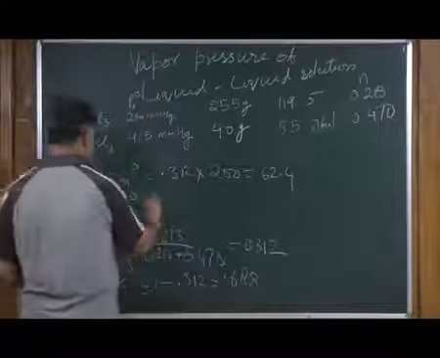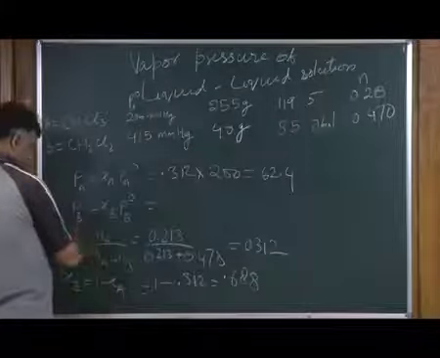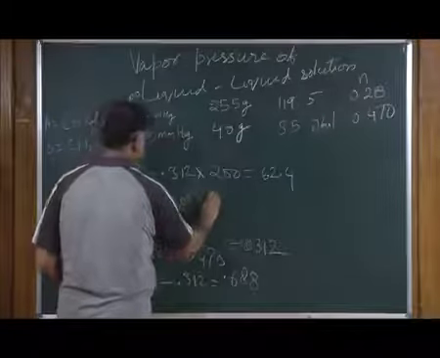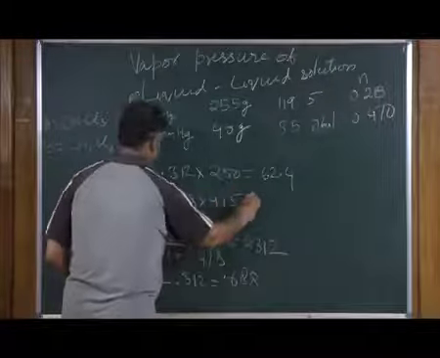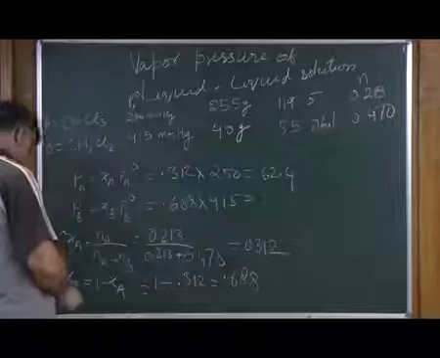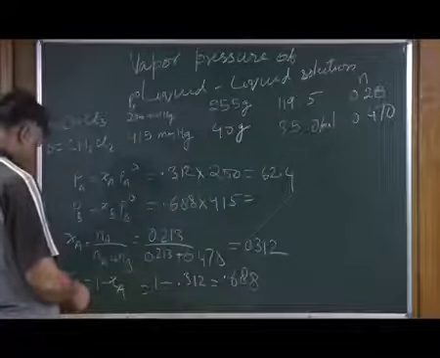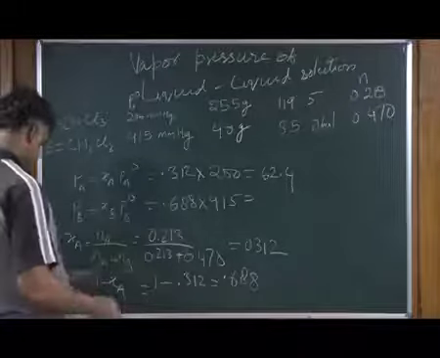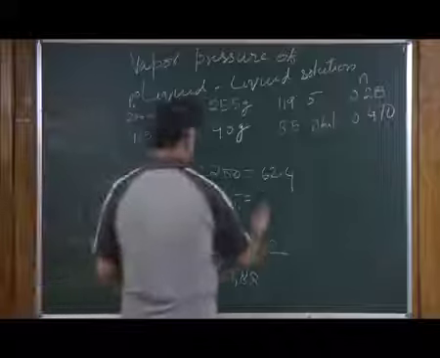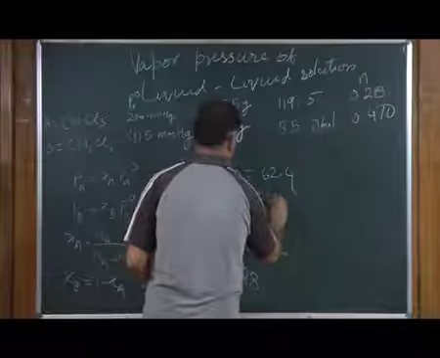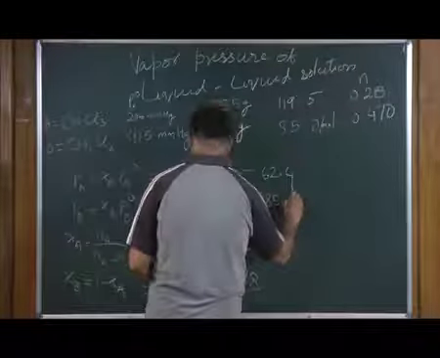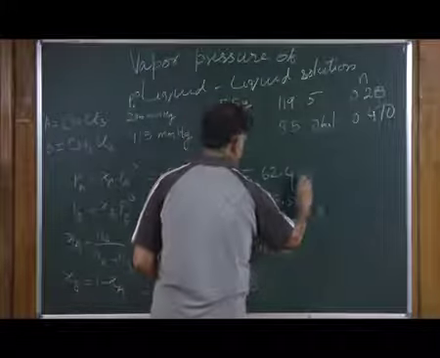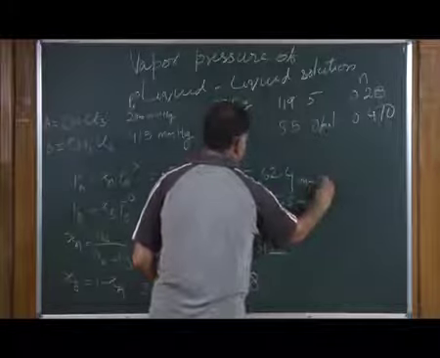And the PB, XB is 0.688 multiplied by 415. The answer is 285.5 millimeter Hg.